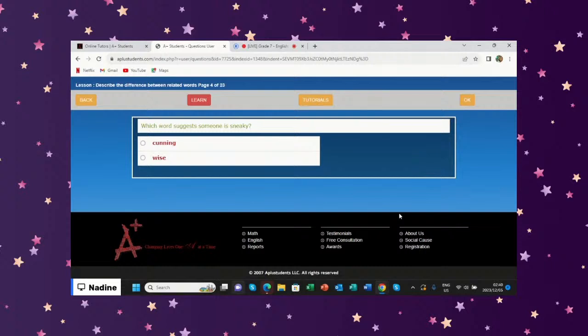So, which word suggests that someone is sneaky? Is it cunning or is it wise? When someone is sneaky, are they cunning or are they wise?